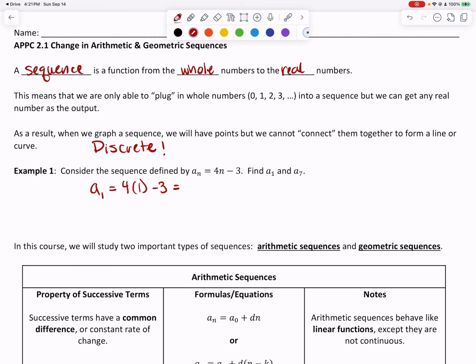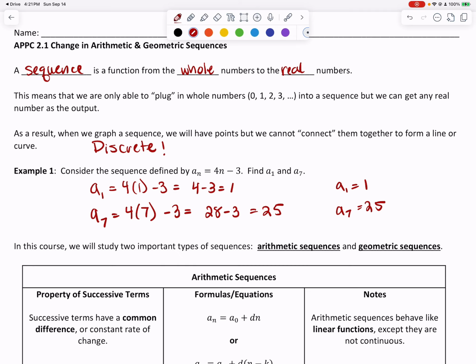This is an explicit formula, so I can get any value out without needing another value. 4 times 7 is 28, minus 3 is 25. So a sub 1 equals 1, and a sub 7 equals 25 on this sequence.